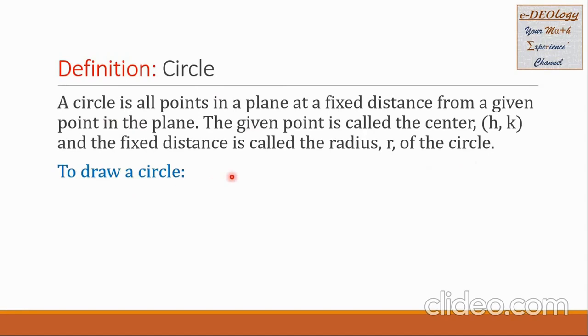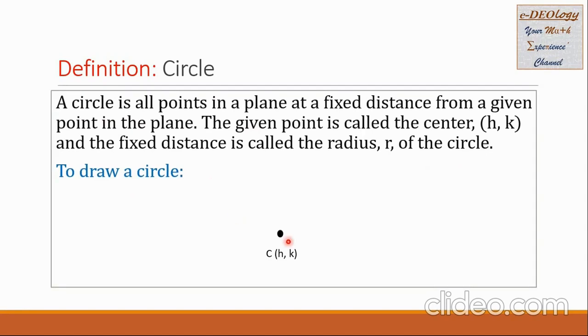To draw a circle, first I put a point and name this as C or center with coordinates (h, k). Then I'm going to draw all the points that are of equal distance from the given point, and we can form the circle here.